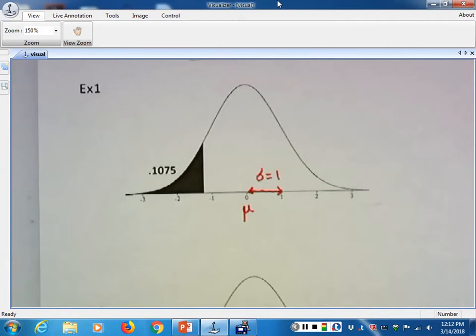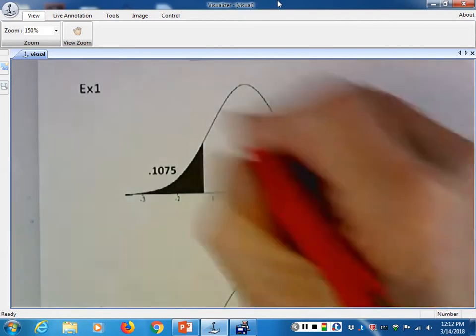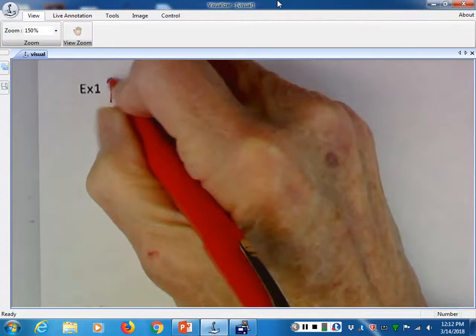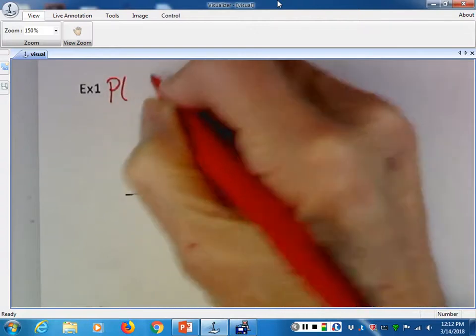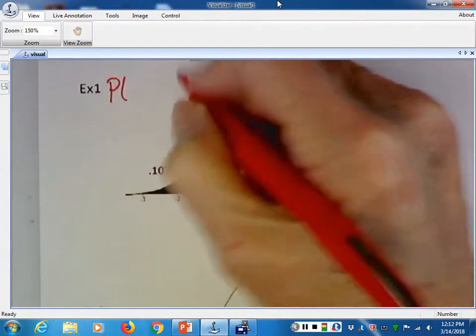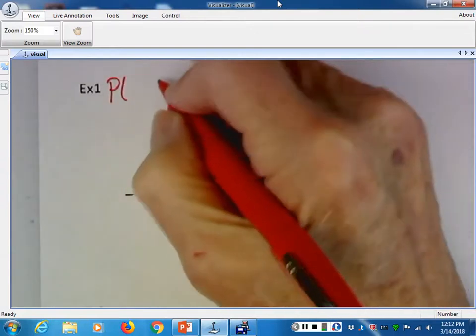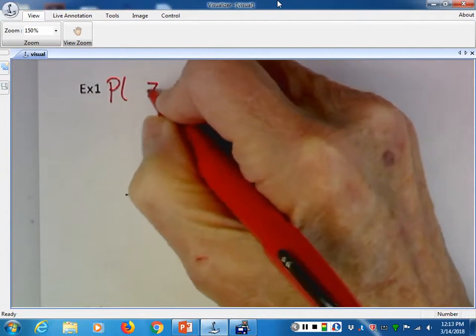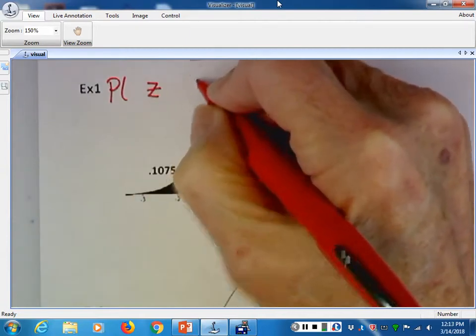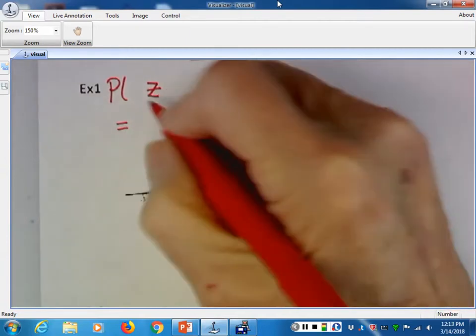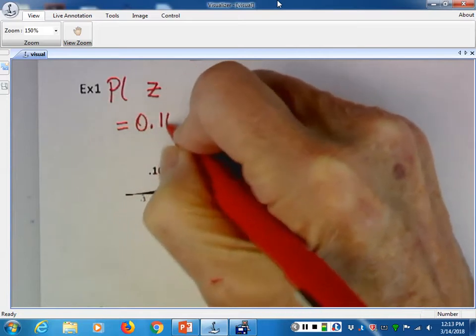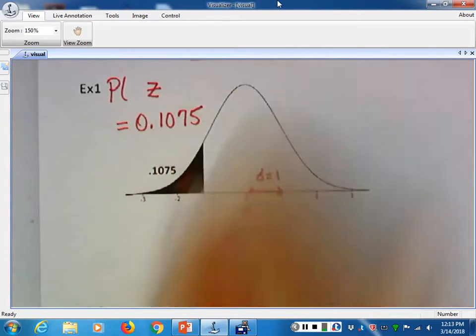And it says find the probability, so this is find the probability that, in this case, something about z is equal to 0.1075.